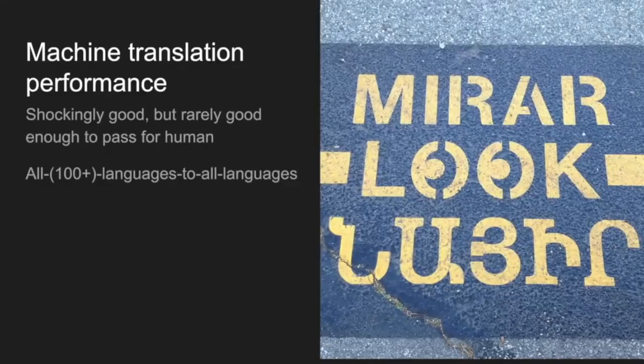Now, what's really impressive to me about this is that the state of the art in language translation takes over 100 languages, and instead of having specific models to translate from each language to each language, all of these languages are translated to some uber intermediate representation, which is then able to be translated back into any one of these 100+ languages. So an all-to-all language translator. So the sheer scope of that is really impressive.